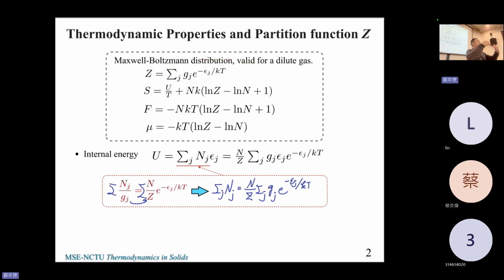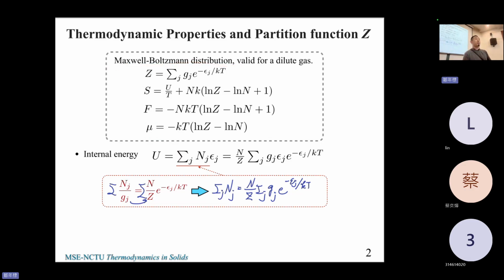The formulas we mentioned in the course, in the lecture or in the video, all focus on the Maxwell-Boltzmann distribution in PDF 7. Maxwell-Boltzmann distribution is only for dilute gas, but sometimes, for example in midterm 2 or the final, we have questions asking you to do another distribution, not Maxwell-Boltzmann.